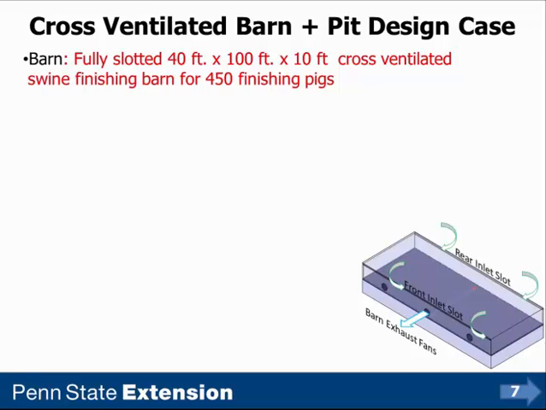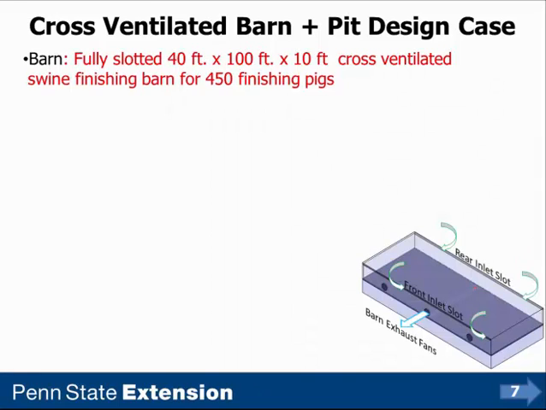The case study that we're going to simulate today is the same barn that we used for the tunnel ventilated example of module number 3. It's a fully slotted, 40-foot wide by 100-foot long by 10-foot high cross-ventilated swine finishing barn for 450 finishing pigs.